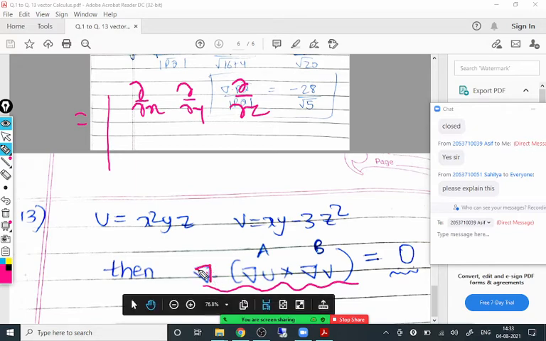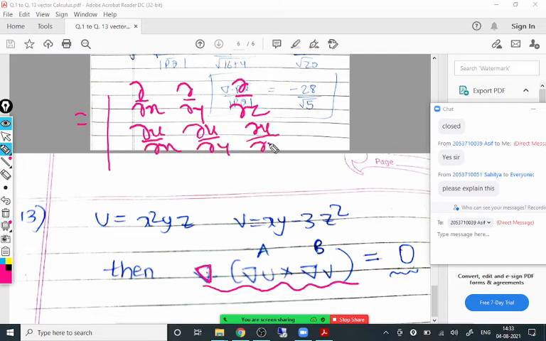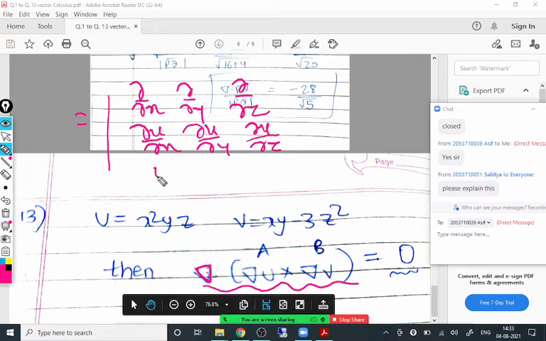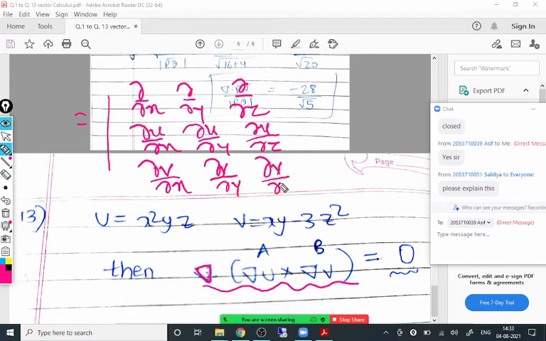Now, components of del u will be dou u by dou x, dou u by dou y, and dou u by dou z. And then components of del v, which will be dou v by dou x, dou v by dou y, and dou v by dou z. And now you can expand this determinant. You should get the answer, maybe 0 there. So this is one of the ways.